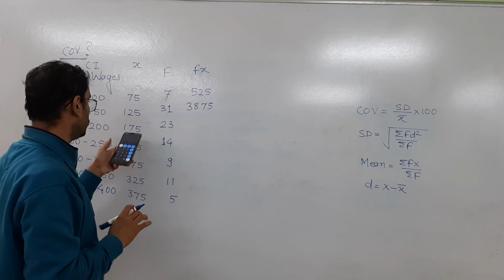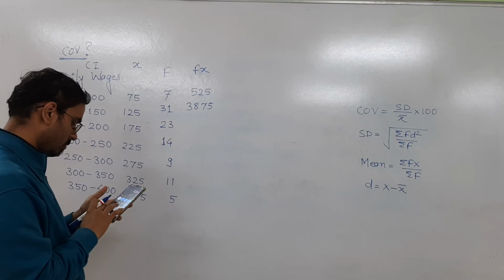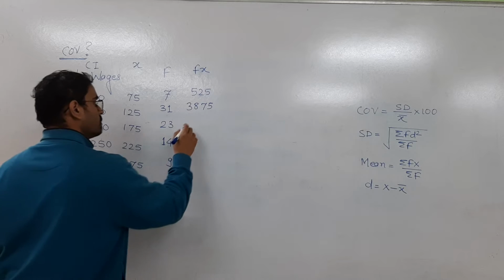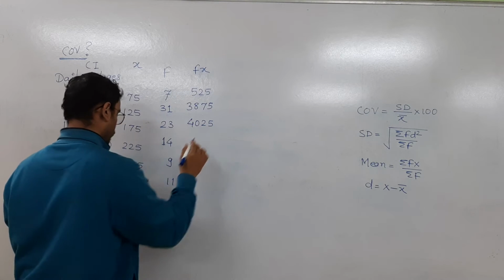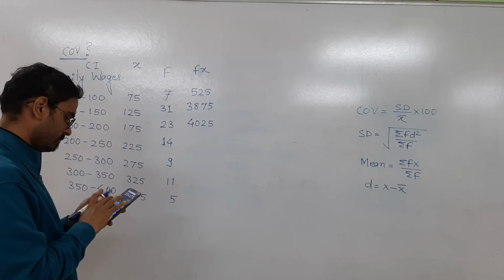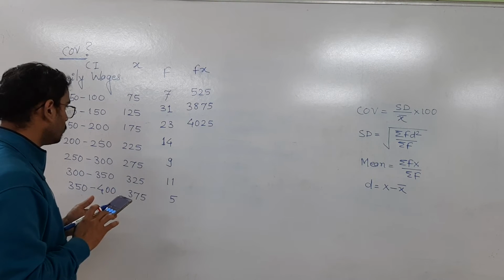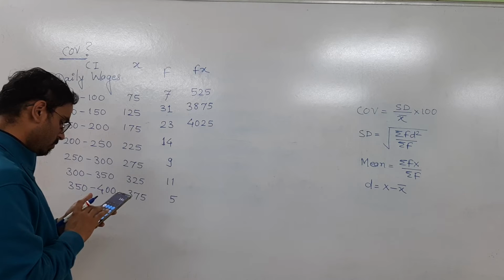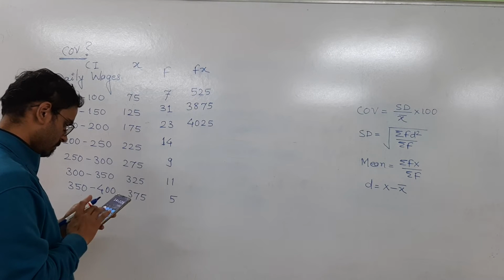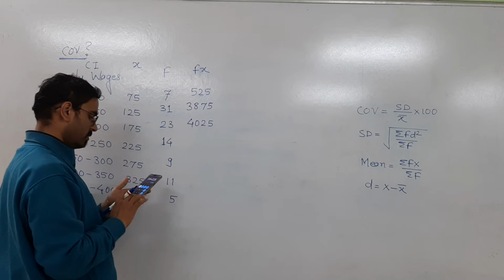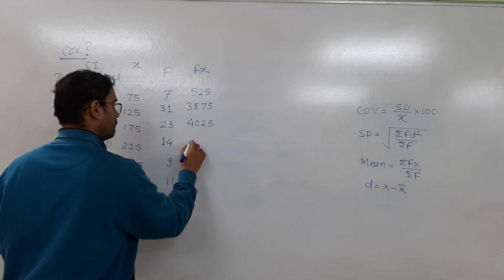After that, 23 into 175, 4025. 14 into 225 is what? 3150.